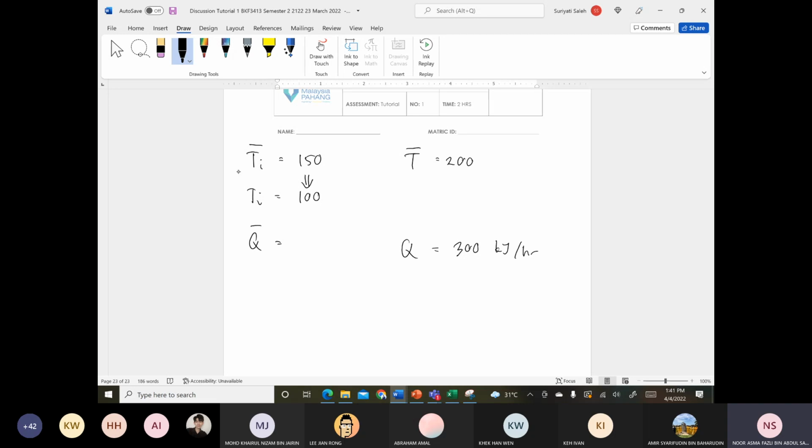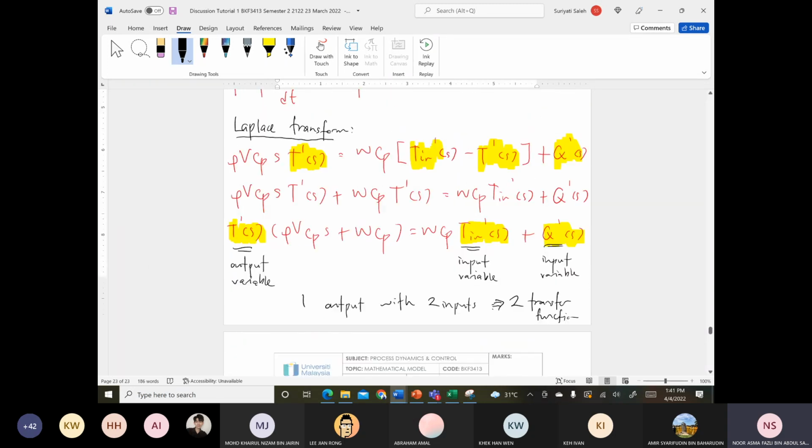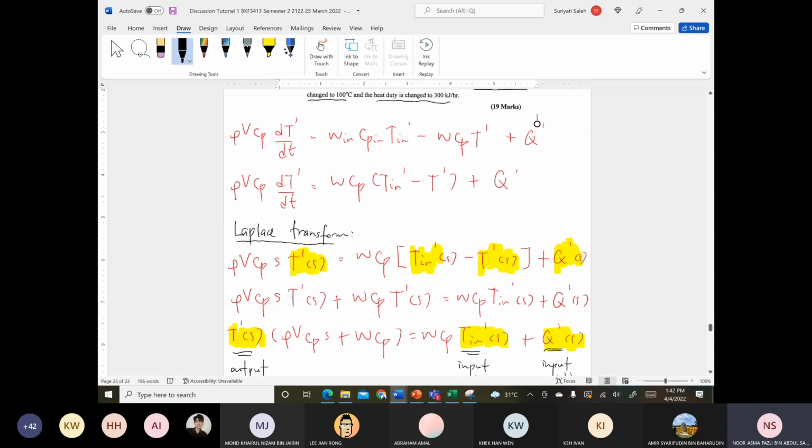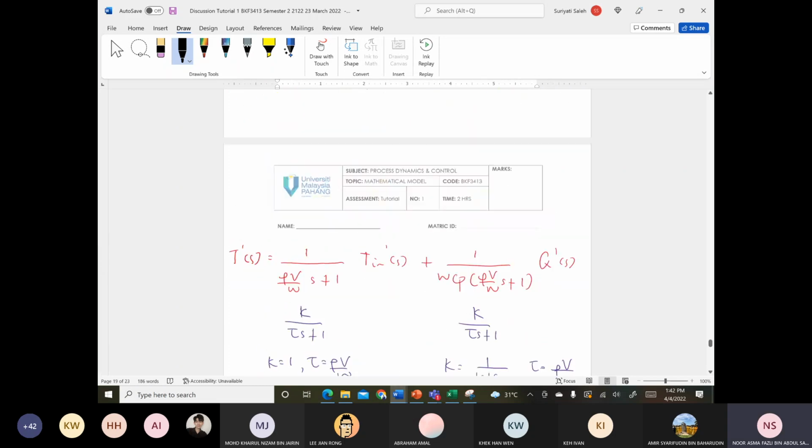For example, the inlet temperature initially is 150, it has been changed to 100. For the Q, it has been changed to 300. So what is my Q bar? Q bar can be obtained from the answer of question 1B. This is my Q bar: 125,000.